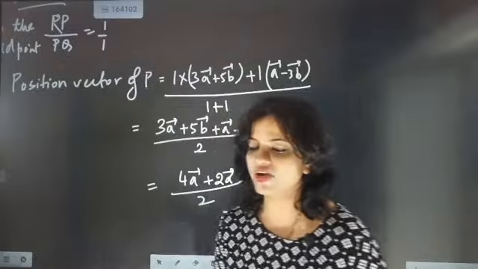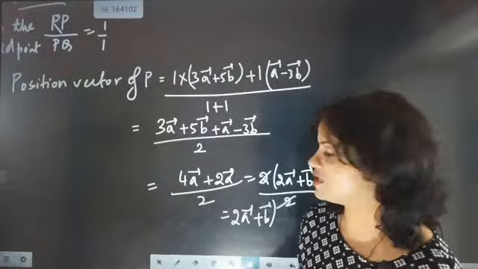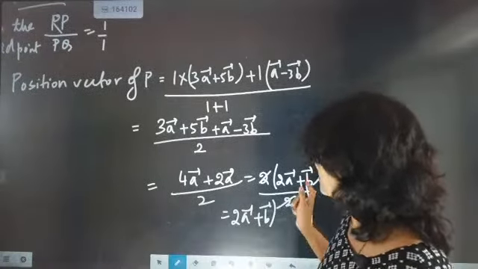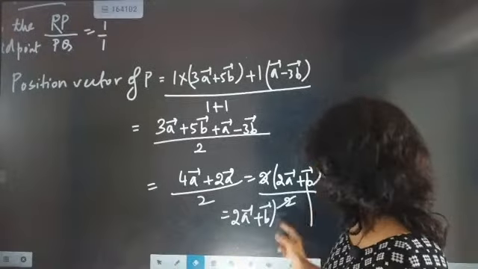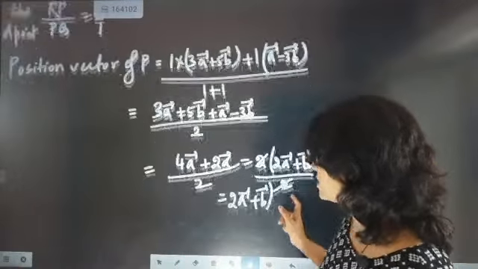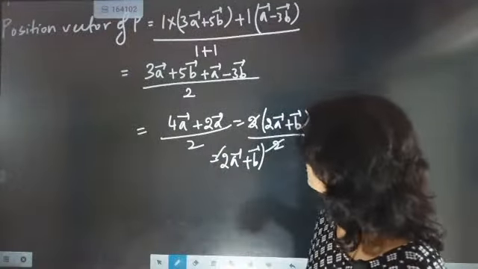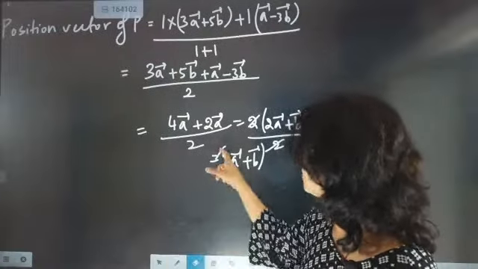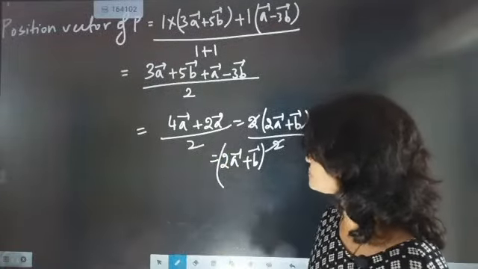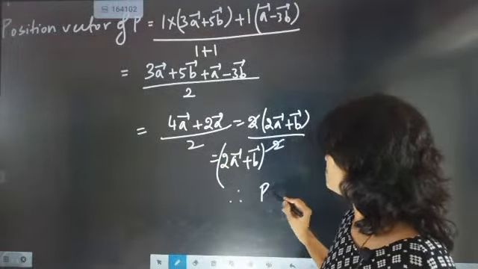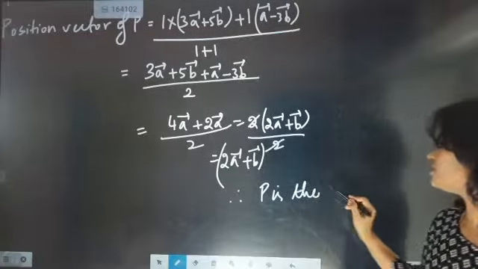So since the position vector of P is coming the same, then 100%, therefore, what final statement are we going to write? Therefore P is the midpoint.